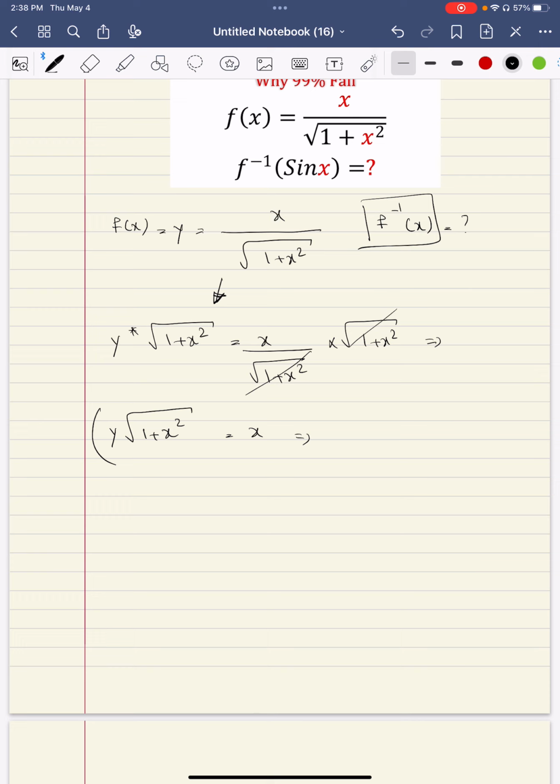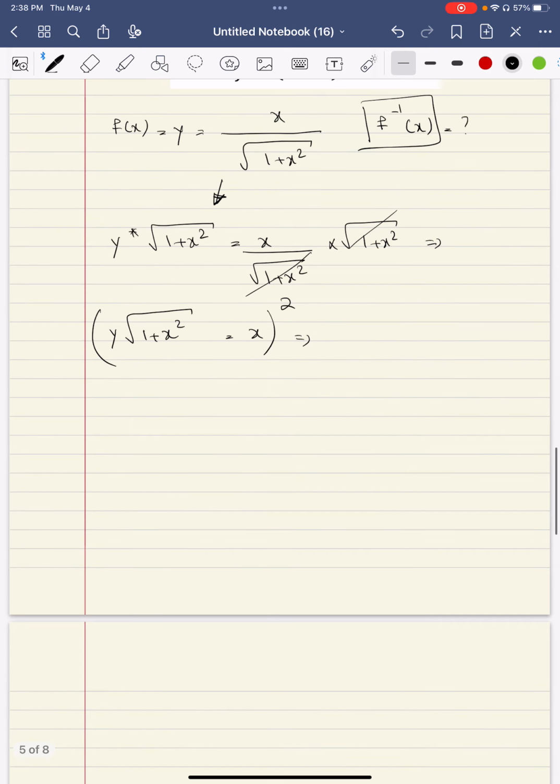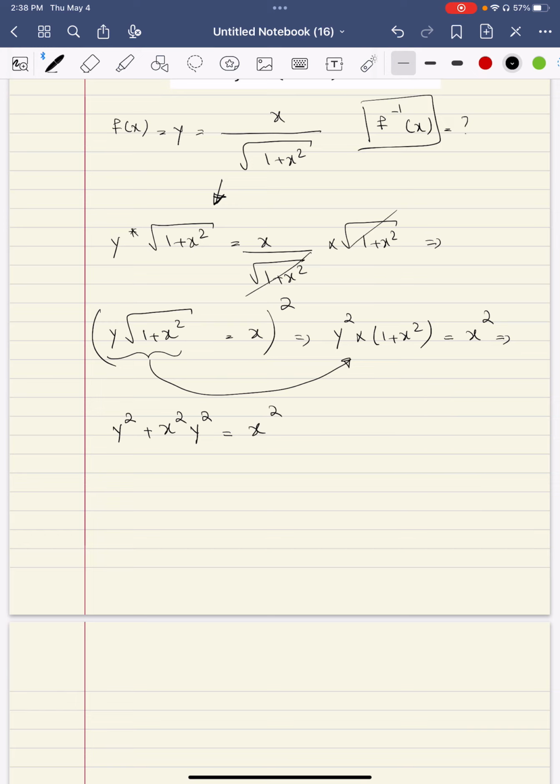Then I will apply a power of 2 to both sides of the equation. So I'm going to have y squared times 1 plus x to the power of 2 equals x to the power of 2. So it will be y to the power of 2 plus x to the power of 2 times y to the power of 2 equals x to the power of 2.